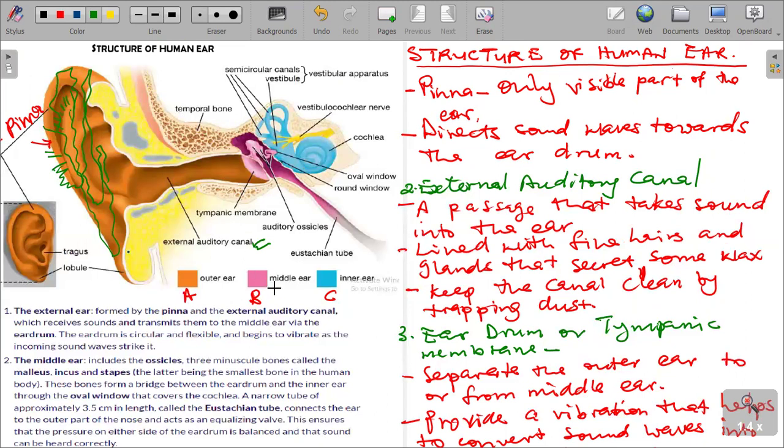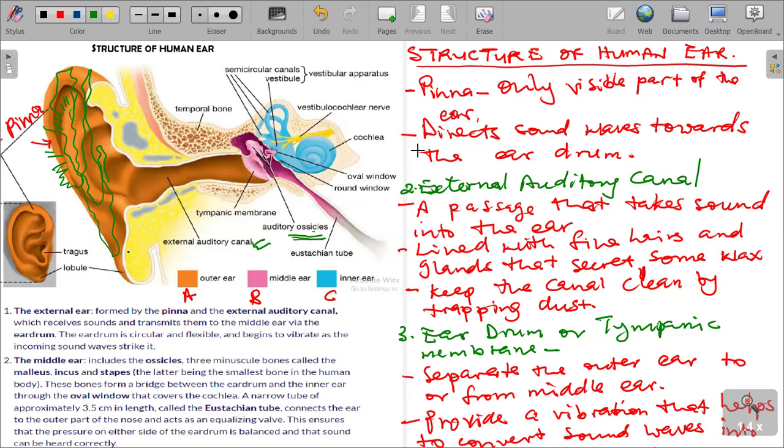They are made up of three connected pieces: the hammer, the anvil, and the stirrup.